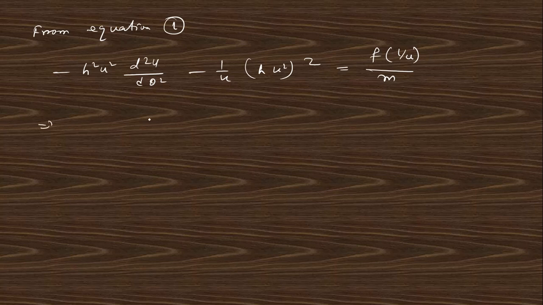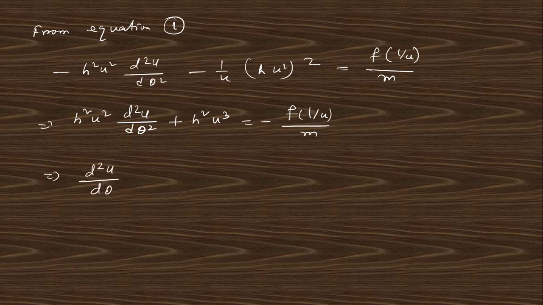So just multiply by minus and arrange, and we get h square u cube equals minus f of 1 by u by m. So this can be written as d2u d theta square plus u, just divided by h square u square, equals minus f of 1 by u by m h square u square.